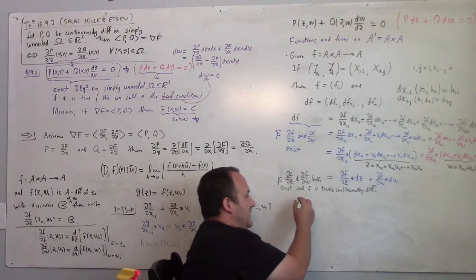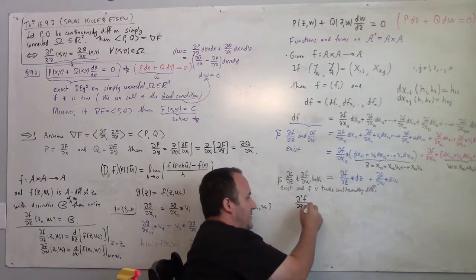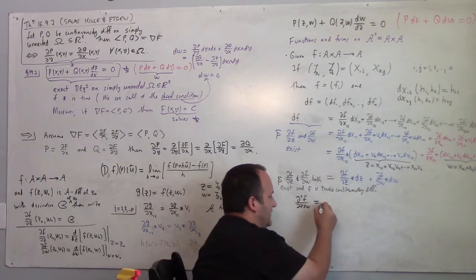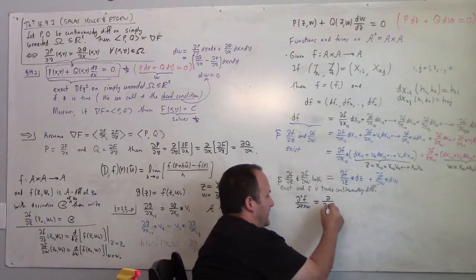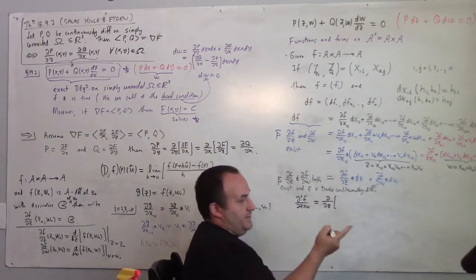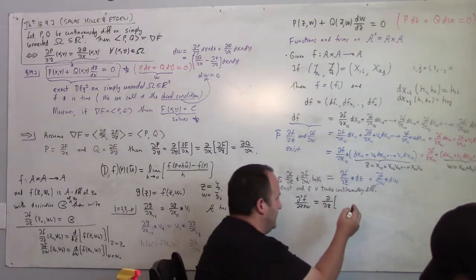So what we want to look at is partial squared f, partial z, partial w, right? So this is partial z of partial f, partial w. But partial f, partial w is what?